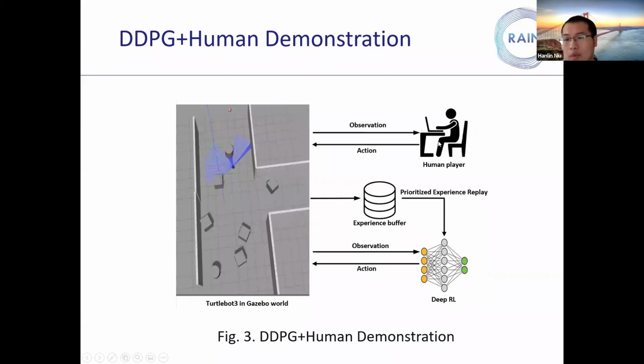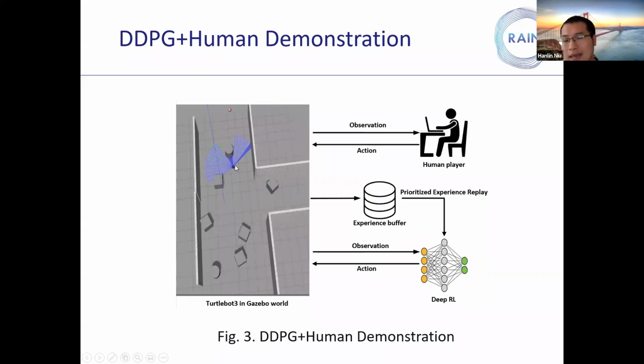So we make the operator teleoperate the mobile robot to move from the start point to the target, represented by this red ball. This black square is the mobile robot, and this blue laser data shows the range of the laser.